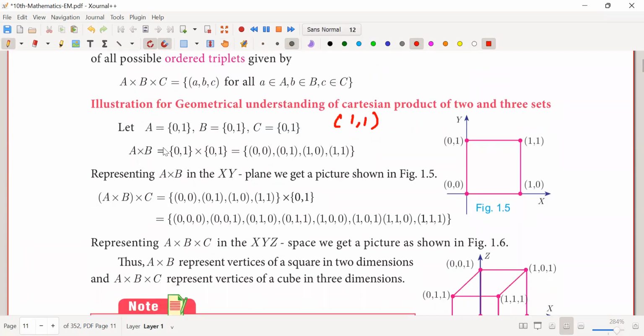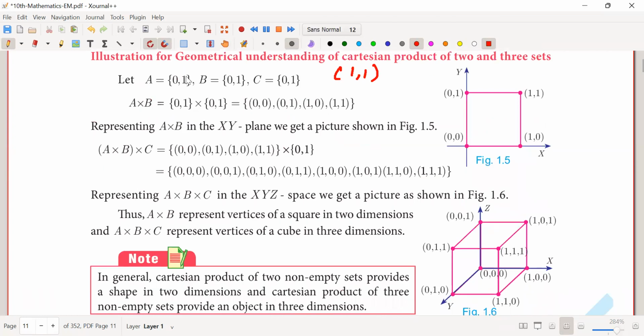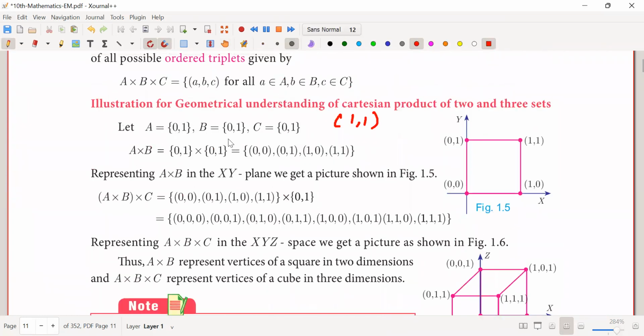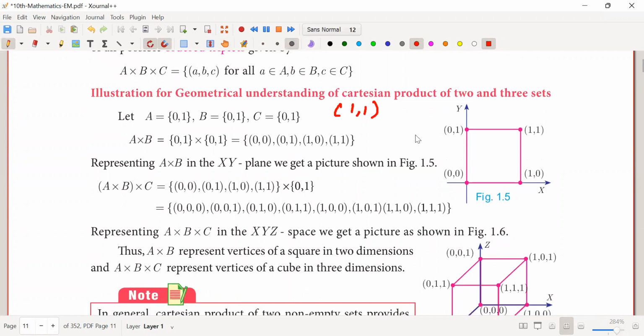So let's check the given example. A is {0, 1}, B is {0, 1}, and C is also {0, 1}. A cross B would be (0, 0), (0, 1), then (1, 0), (1, 1). These are the points. Right?